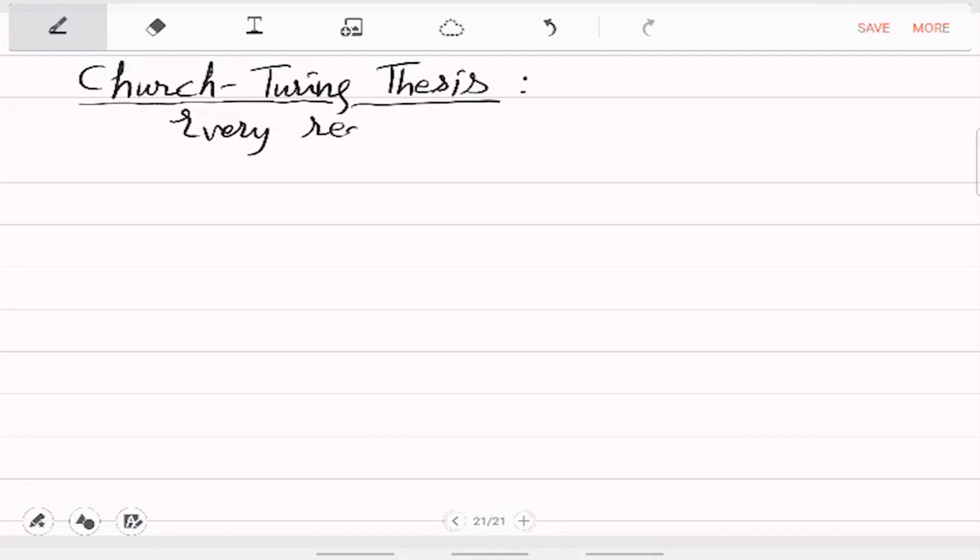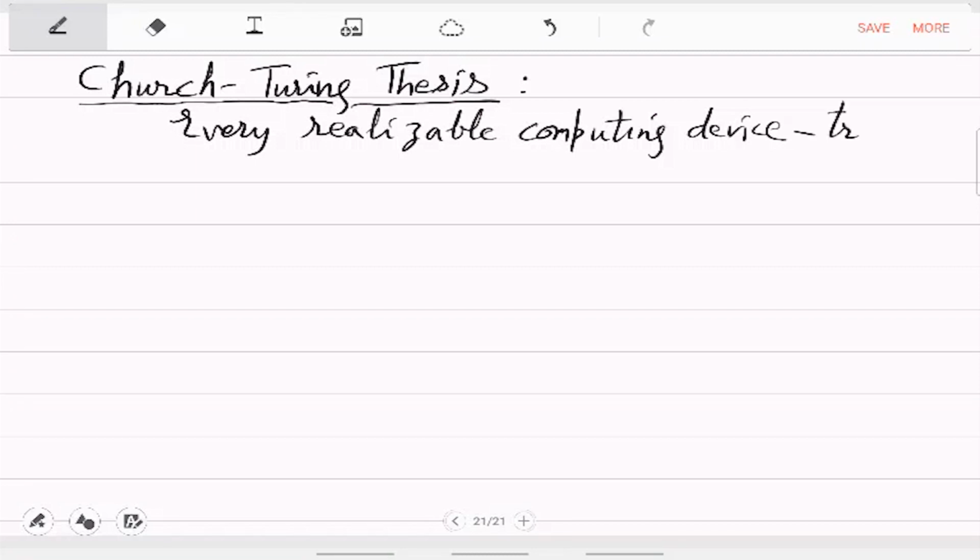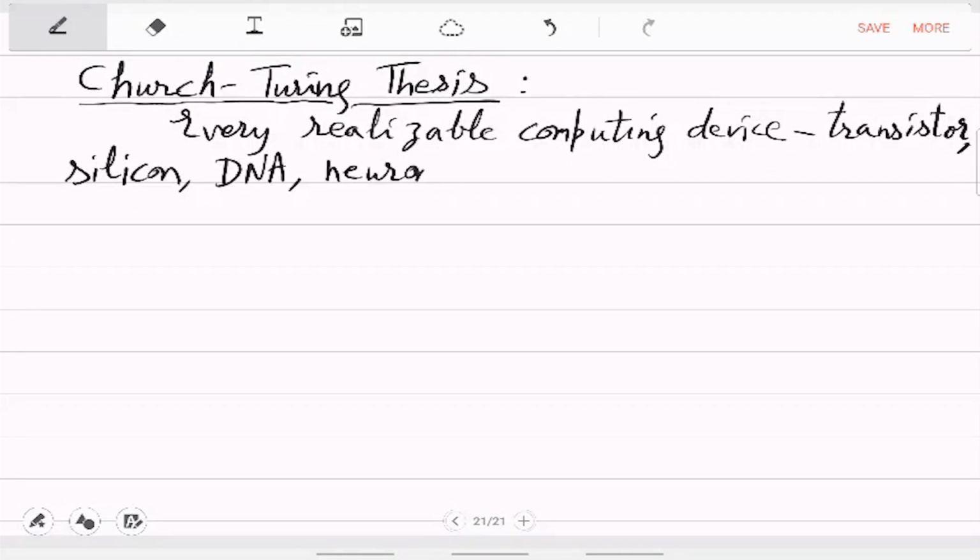So every realizable computing device, okay, so it could be transistor based in the old days, or now silicon based, or in the future DNA based or neuron based, like our neuron cells, or in the future quantum based.